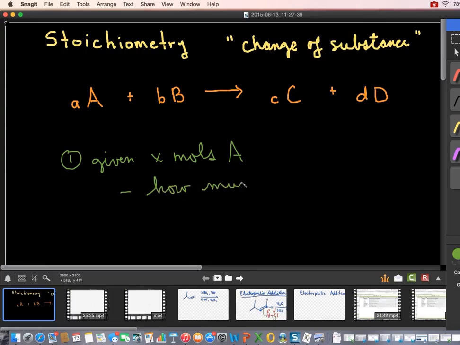And in terms of how much, we could answer this in terms of number of moles or the mass in grams or milligrams or kilograms. How much C or D can I make?